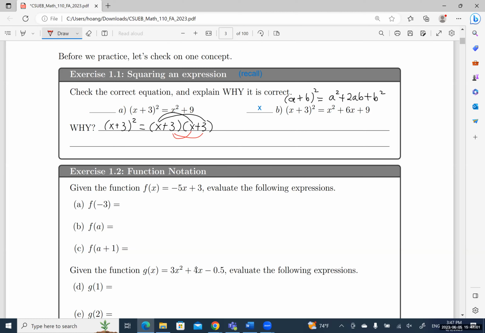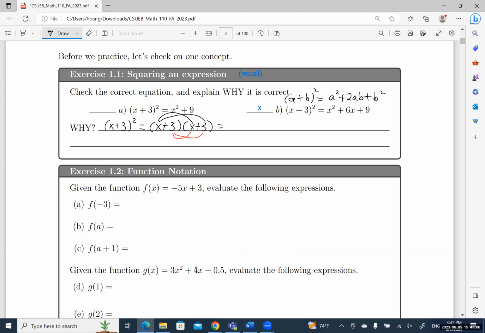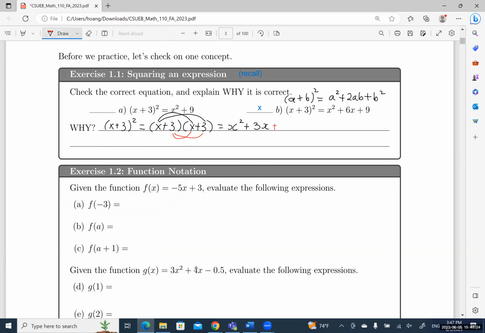So now I have distribution. x with x is x squared, right? And then x times 3 is positive 3x, right? And then 3 times x is 3x. And then 3 times 3 is 9, right?